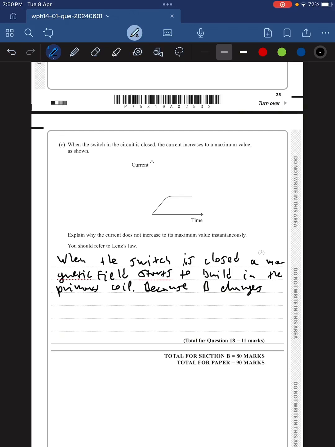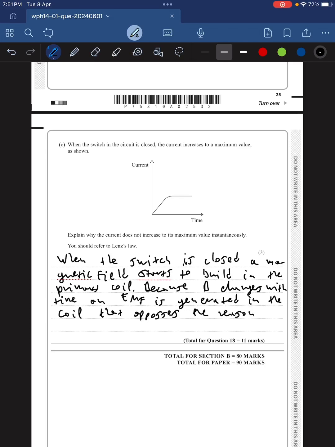Because B changes with time, an EMF is generated in the coil. I'm talking about the primary coil now. That opposes the reason that created it. And what's the reason that created this magnetic flux density?